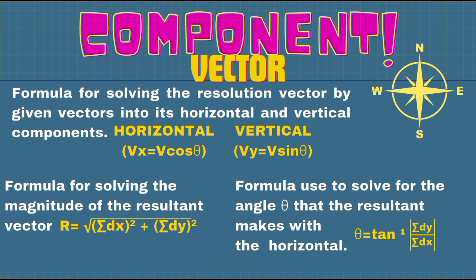The formula to solve for the angle that the resultant makes with the horizontal is theta equal to tan negative 1 of ΣVy over ΣVx with absolute value.